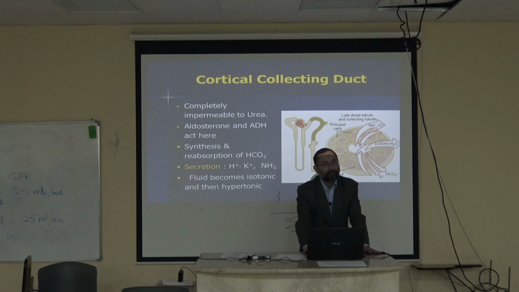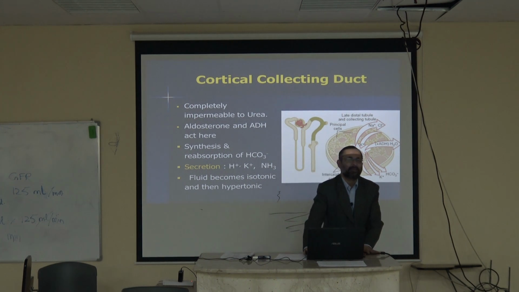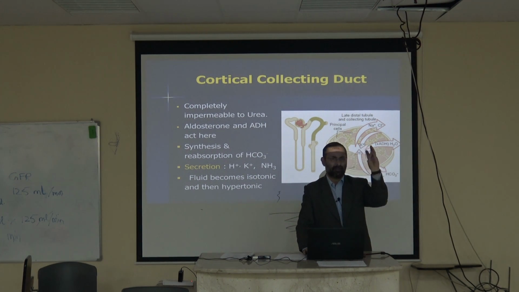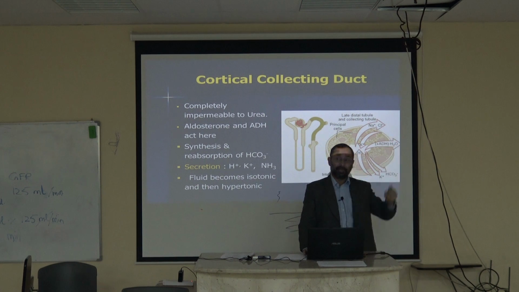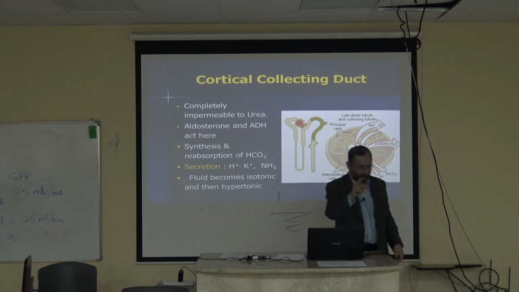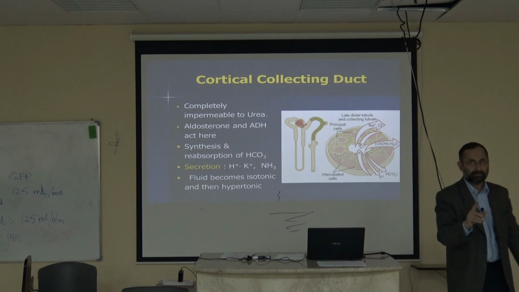All right. Some secretion is there. Secretion is expected. You will easily say secretion of hydrogen. You will say secretion of potassium ions. And in the beginning I told you one more thing is secreted. In many areas, ammonia, remember, I told you ammonia in the beginning. Ammonia is also secreted. Remember one point. Keep it in mind.